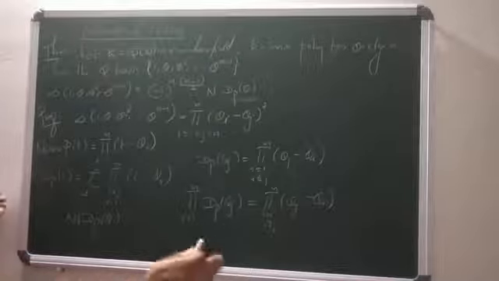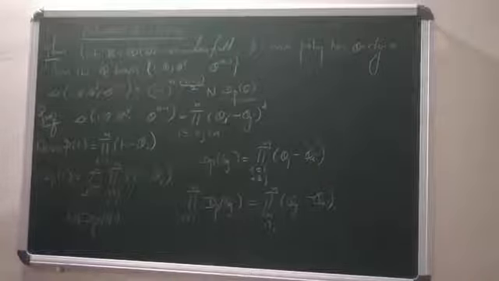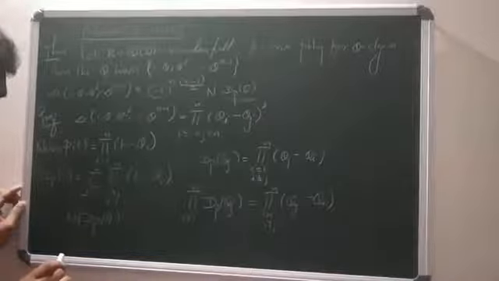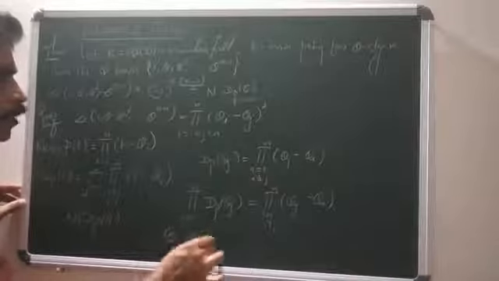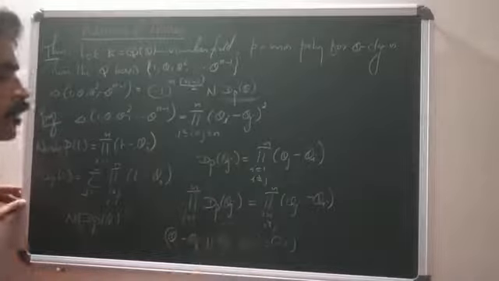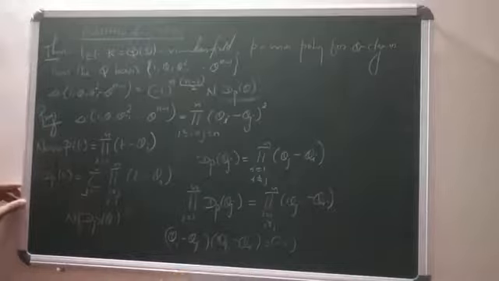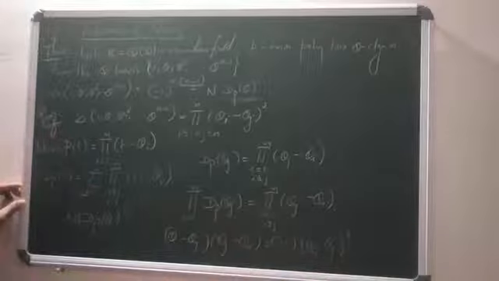So (theta_i minus theta_j)(theta_j minus theta_i) can be rewritten as minus 1 times (theta_i minus theta_j) squared.